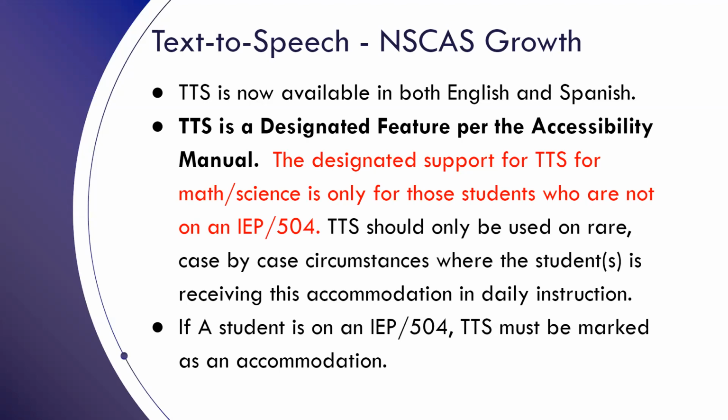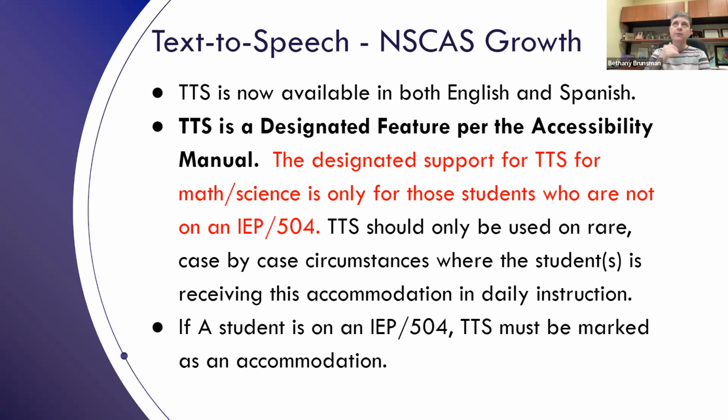Does that help, Bethany? I'm not sure it does. I guess I don't understand why we have a higher standard for students on IEPs than we do everybody else. I mean, if it's a universal support or whatever. It's not a universal support. It's a designated support.